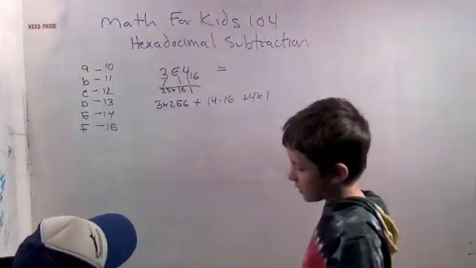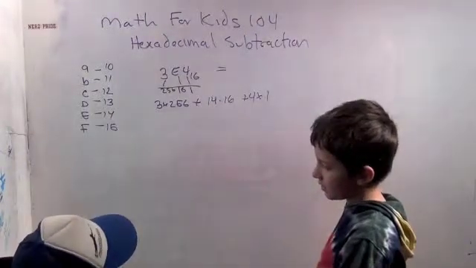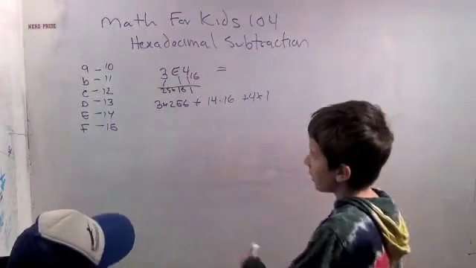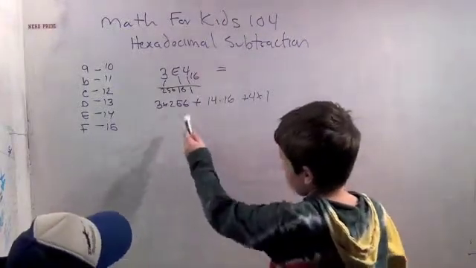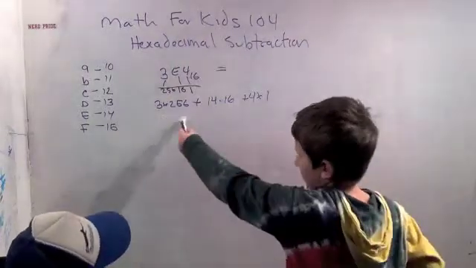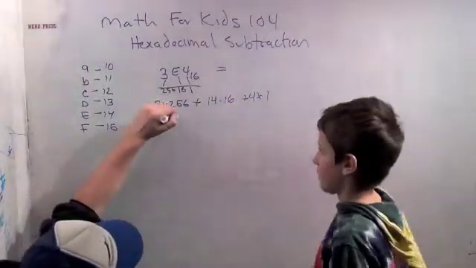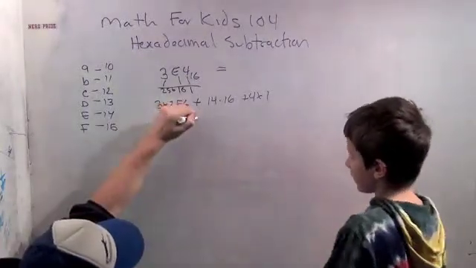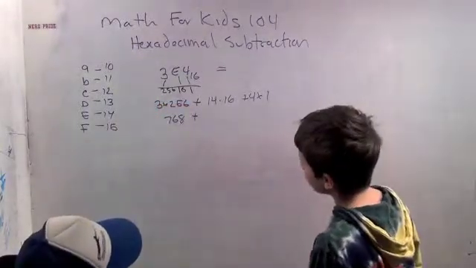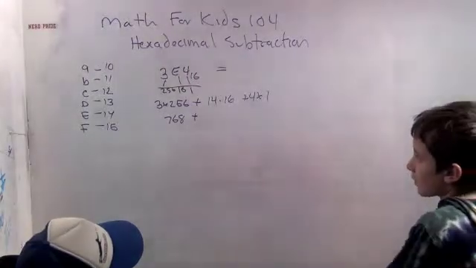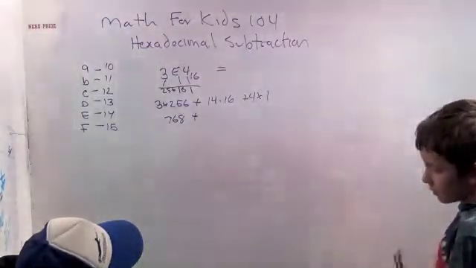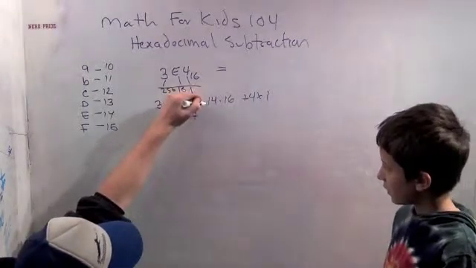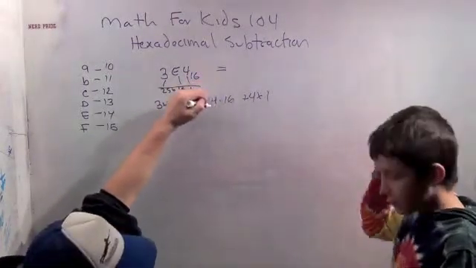So 3 times 256 is 768. Are you sure? Yeah, this is 600 plus 150, which is 750, plus 18. Good, 768. Now what's 14 times 16? It's 224, because it's 160 plus 64.